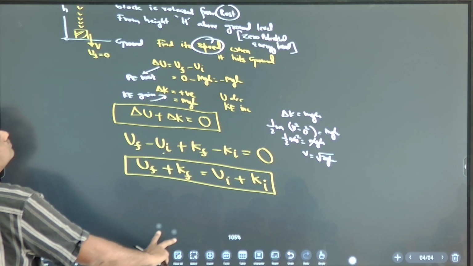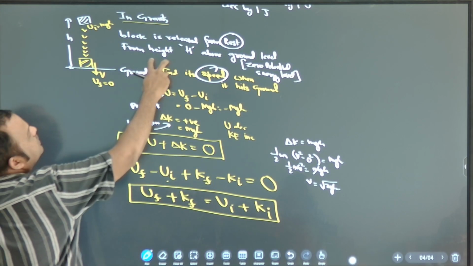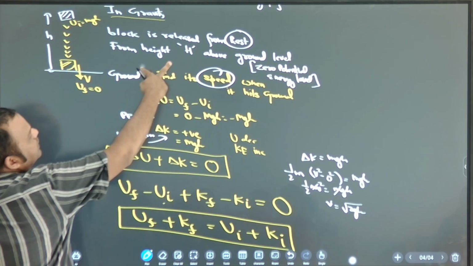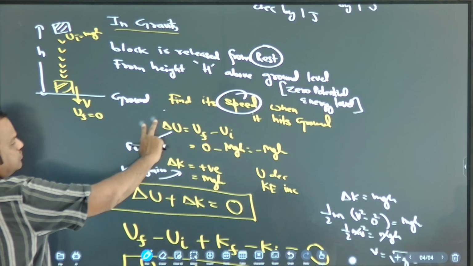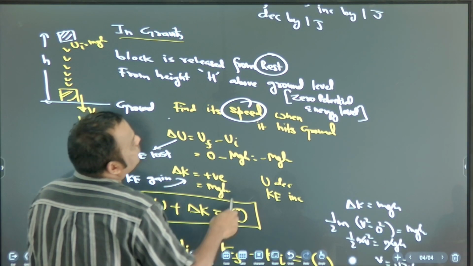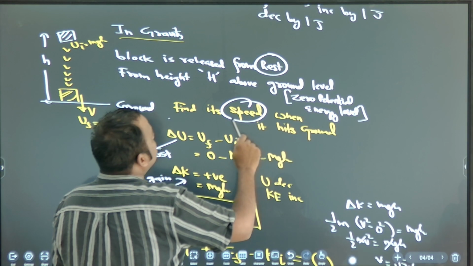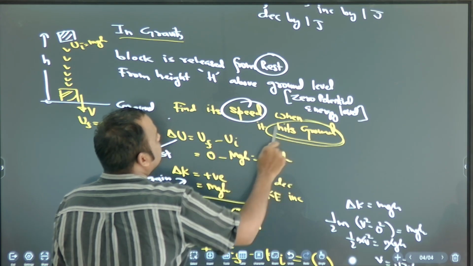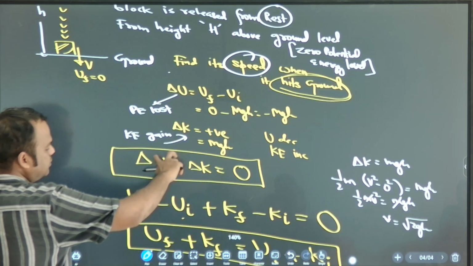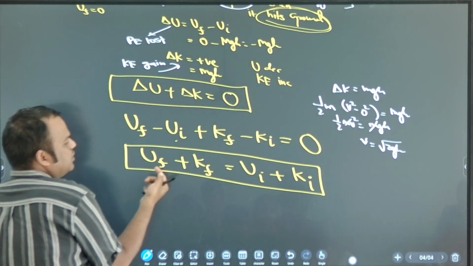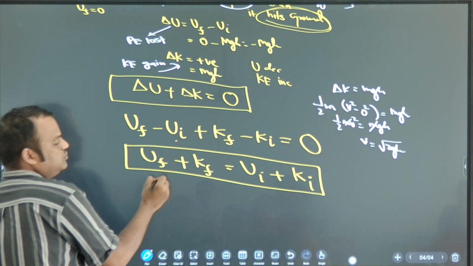So the question is: a block is released from height h from rest. With what speed will it hit the ground? You can use the same formula again. What is U final on the ground? 0.